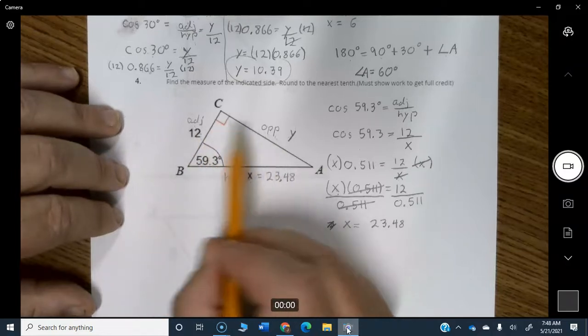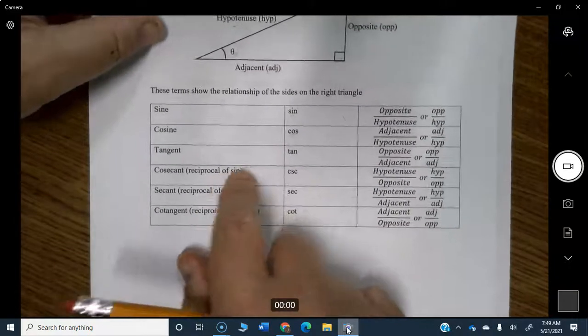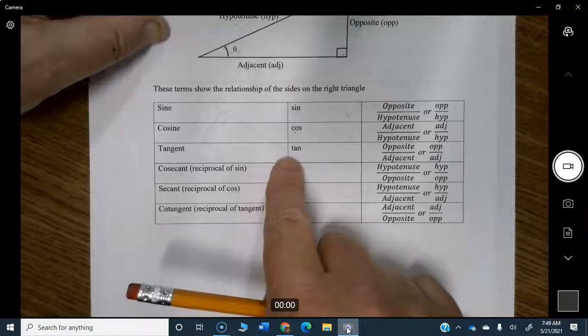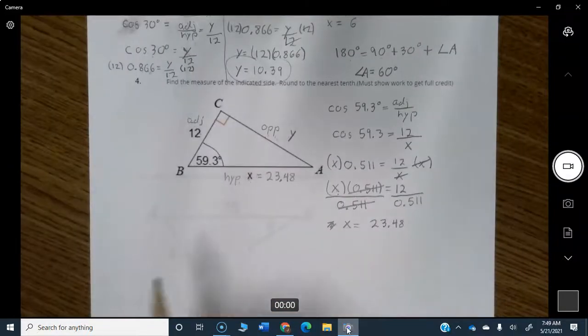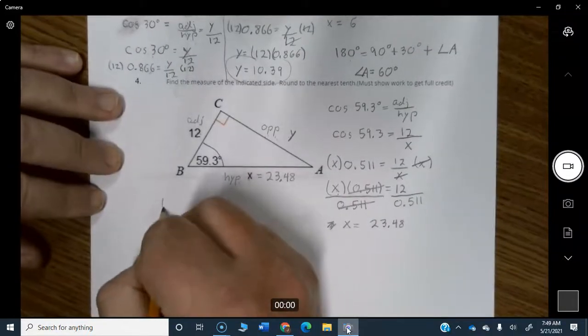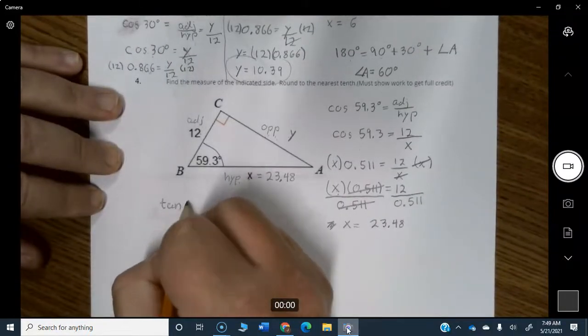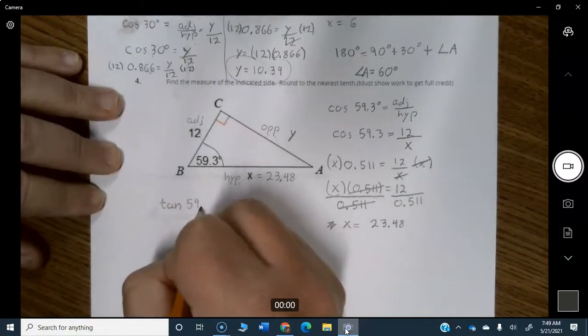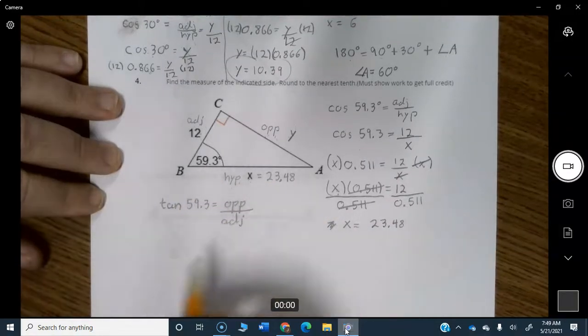The opposite over the adjacent is the tangent function. So we'll write that here, the tangent of the angle theta. Okay, so that's the relationship.